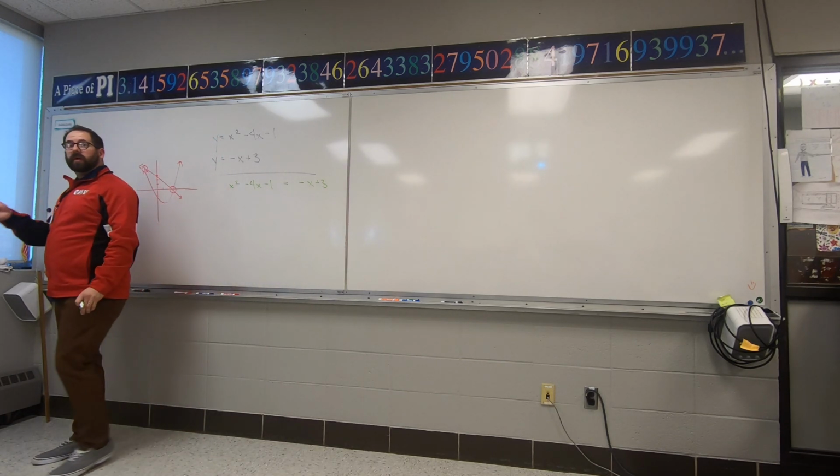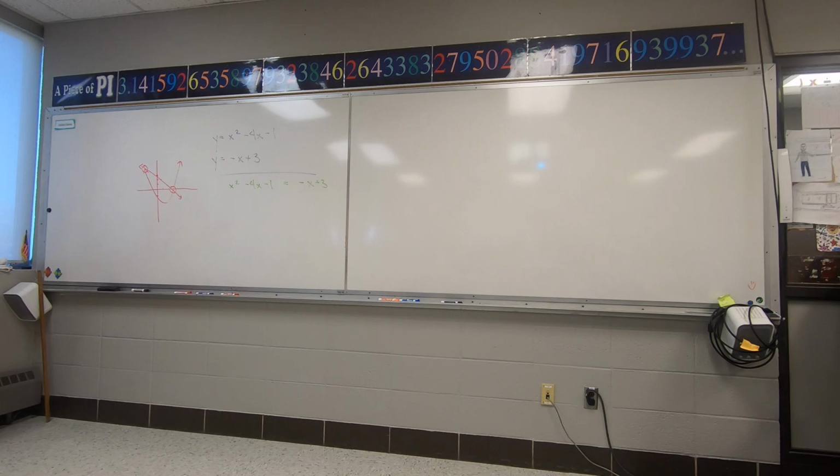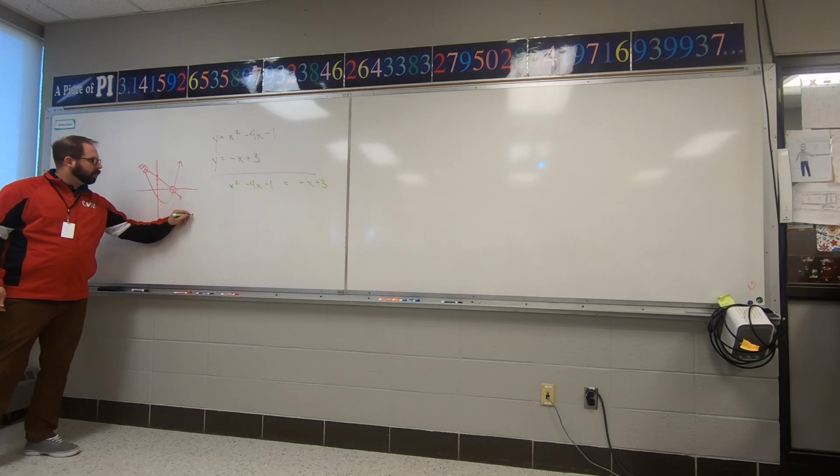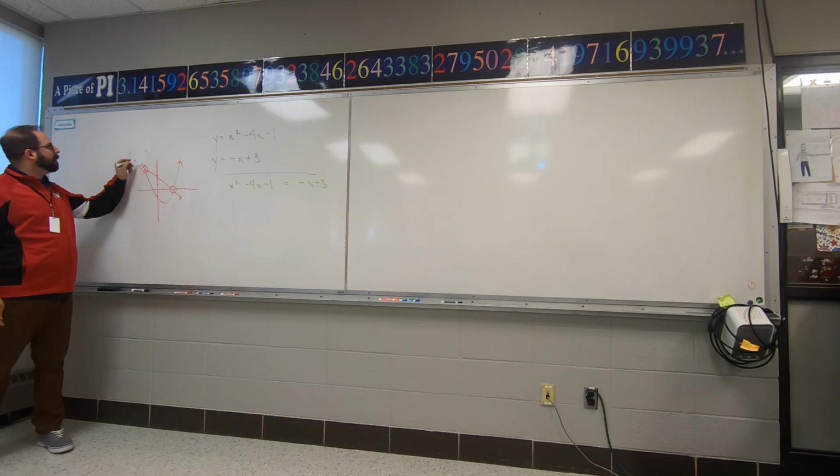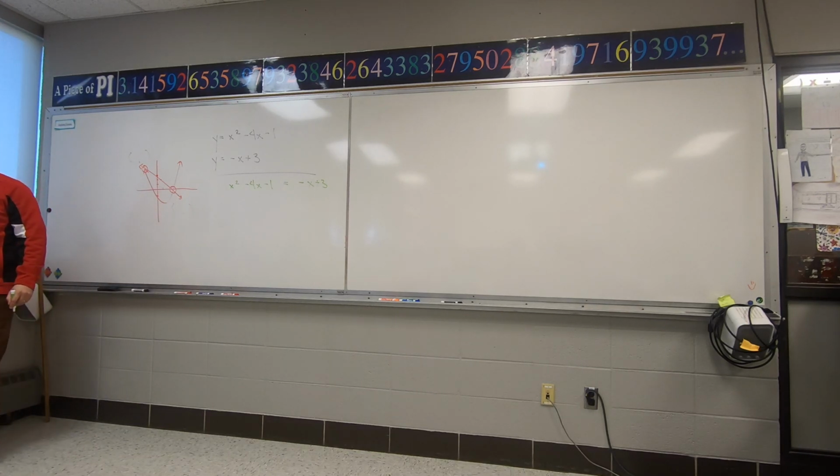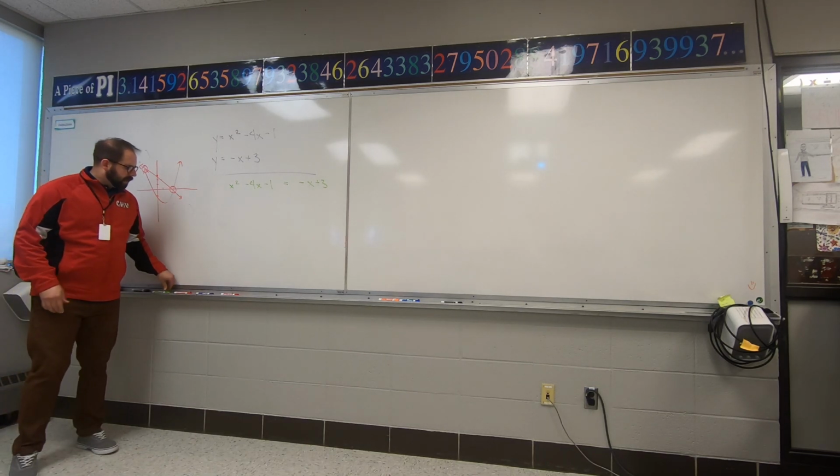Okay? Because I want to know where they equal each other. Right? Now, when we do this, we're going to complete the square. We're going to have to move things around. And what we're finding is the x locations, the coordinates, where they actually meet. And I'm going to be given the x numbers where they're meeting. Because the y numbers are already equal to each other.